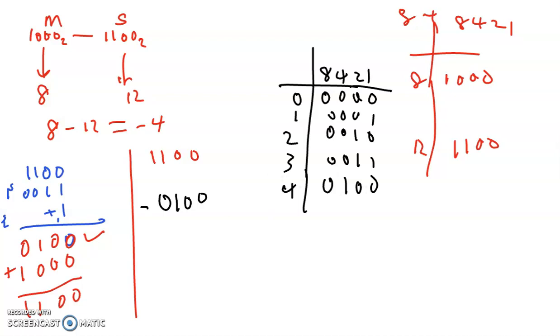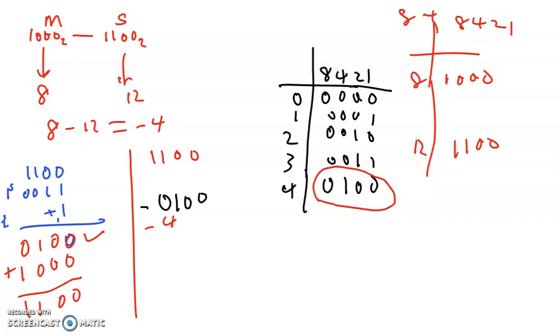I told you what is 8 minus 12? It is negative 4. What is 0, 1, 0, 0? It is 4. So this exactly gives you negative 4, which is equal to what we have here.